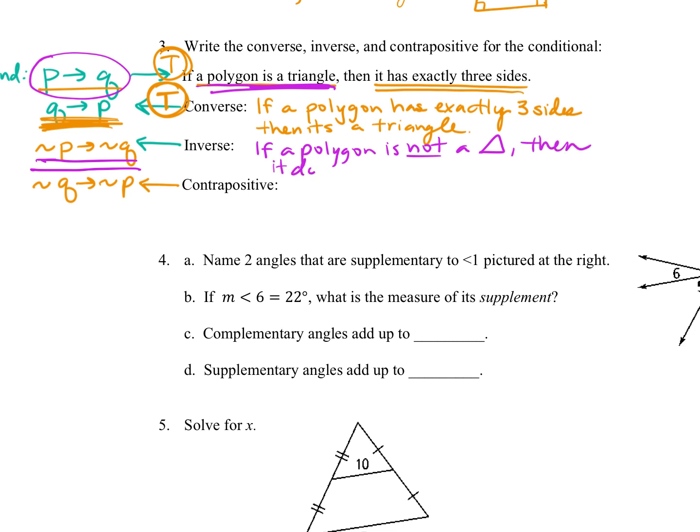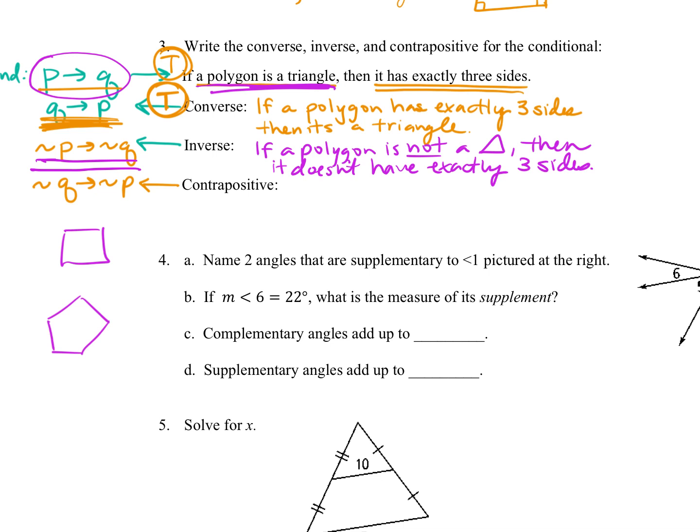Then it doesn't have exactly 3 sides. But that's false, right? Well, let's think about it. If a polygon is not a triangle, then... A polygon could be like this, this is a polygon, this is a polygon. A polygon can have any number of sides as long as it's a closed figure.